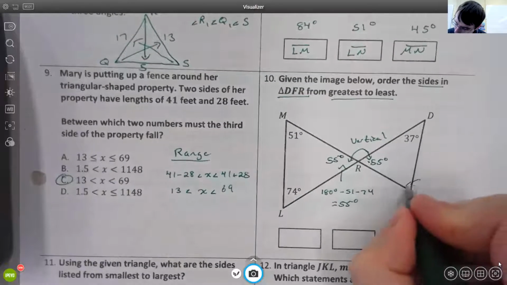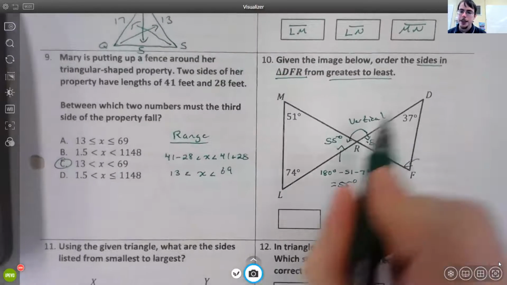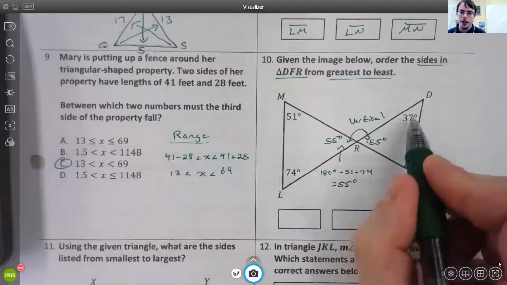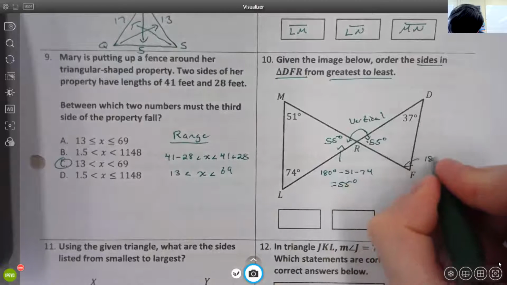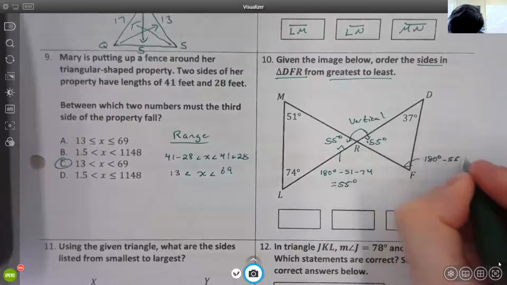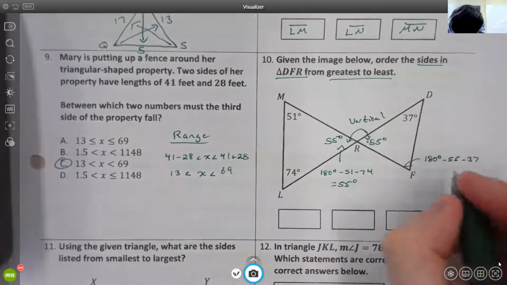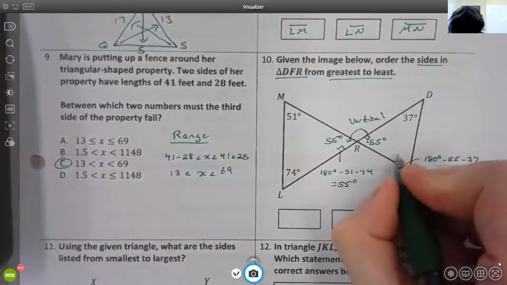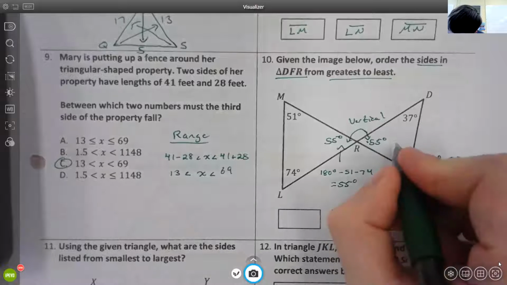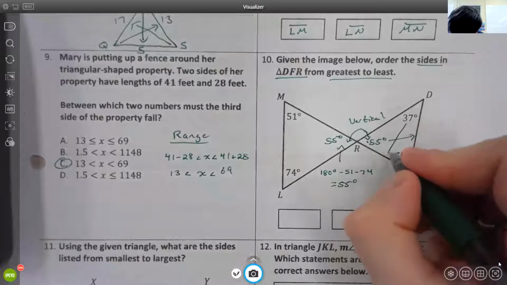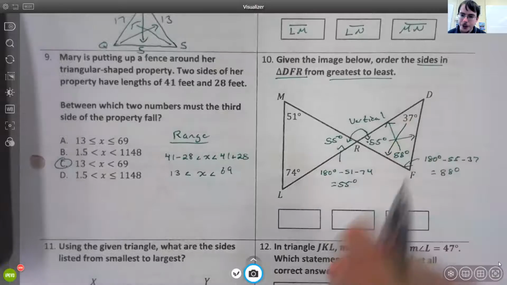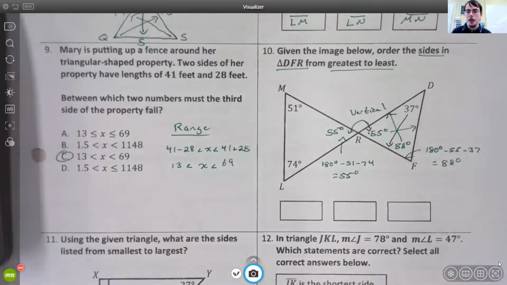Now we need to find the measure of angle F. So we do it the exact same way we did here, just with these two angles. 180 minus 55 minus 37. And that gives us 88 degrees for angle F. I'm going to draw my arrows. Yes, I know this is getting crowded, but I do it for a good reason.